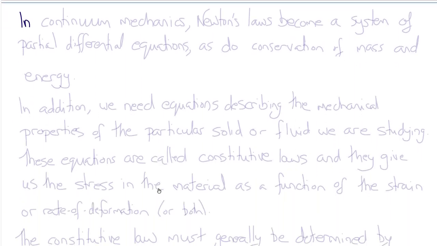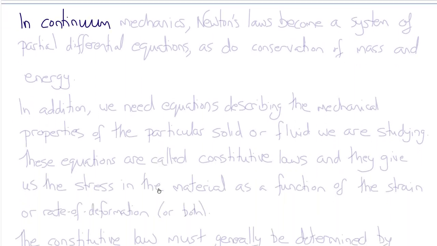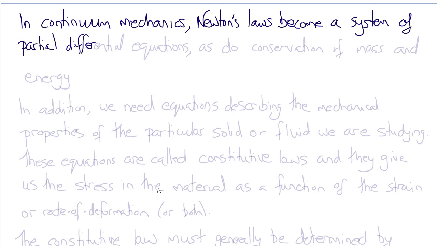We don't need to know the physical properties of the body because we consider them to be rigid. Whereas in continuum mechanics, Newton's laws, instead of being a system of ordinary differential equations, become a system of partial differential equations, as do the conservation of mass and energy.